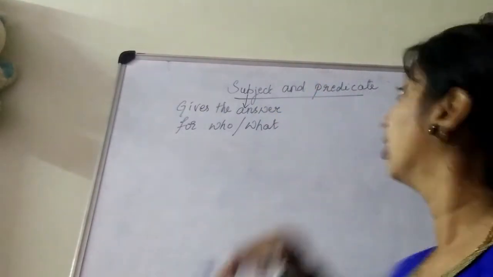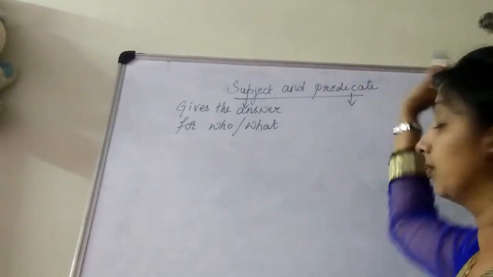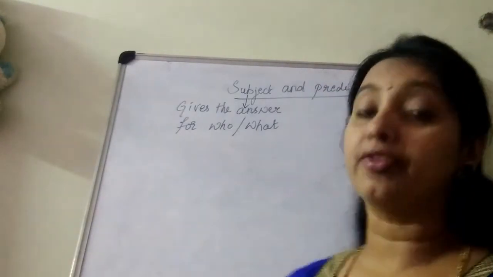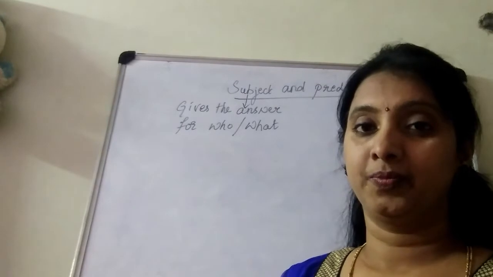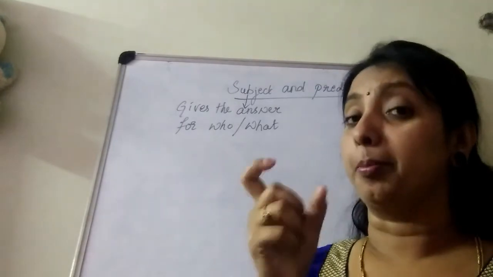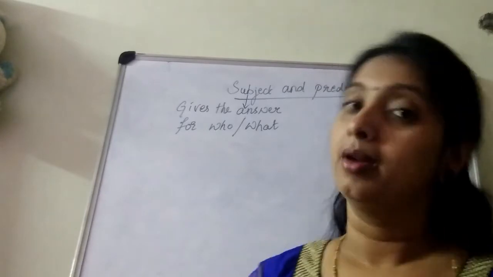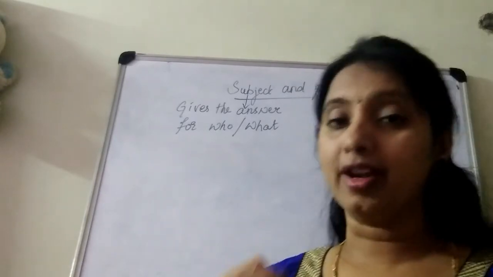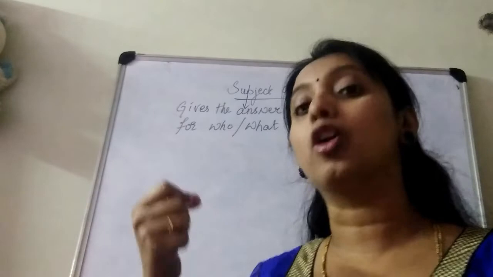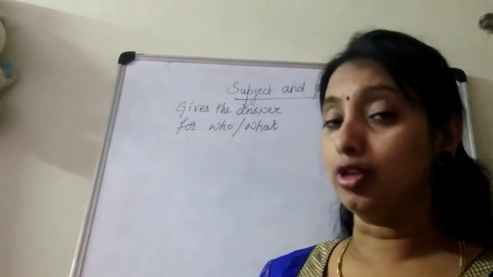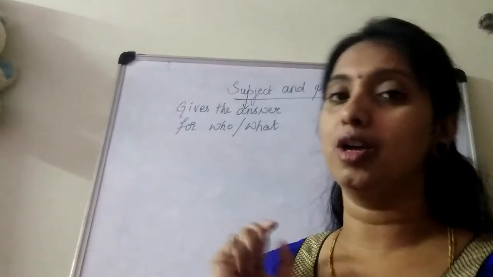And then, what is a predicate? How can we find out this predicate? Predicate mainly involves a verb. Verb can be a main verb or can be a helping verb or auxiliary verb. These are also called linking verbs.